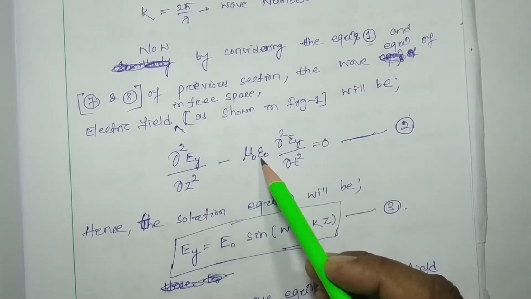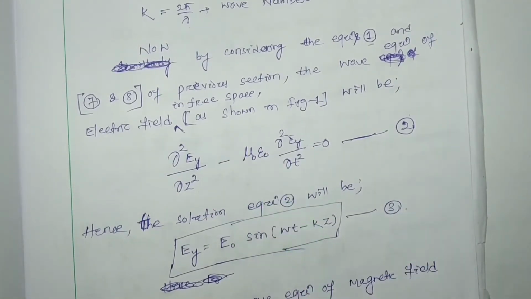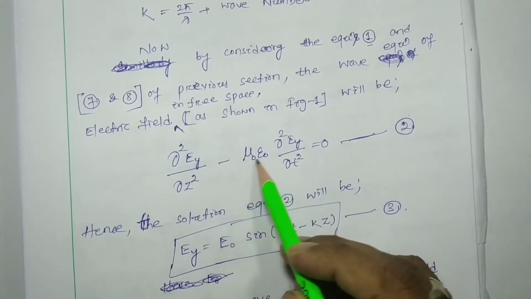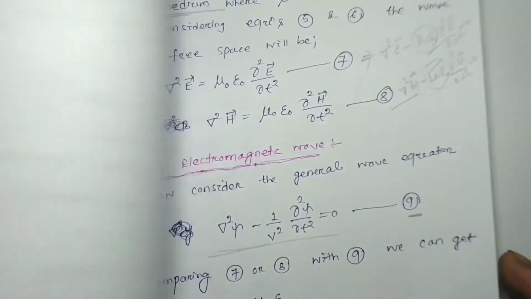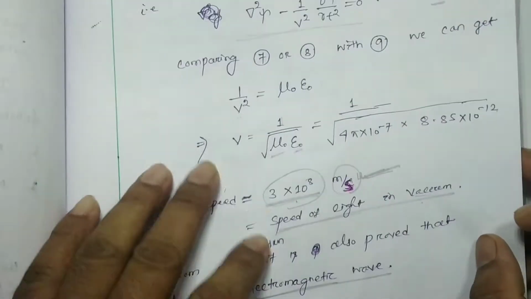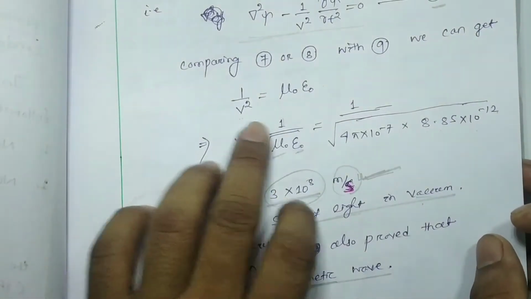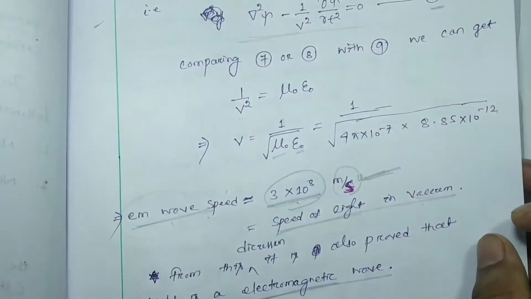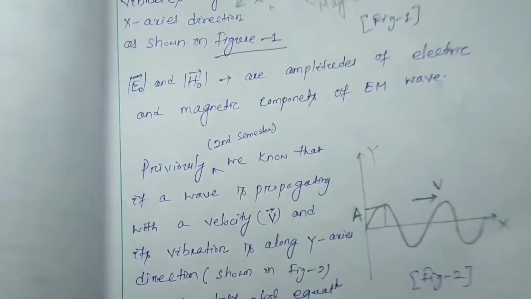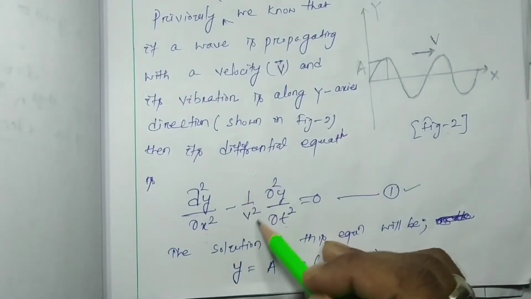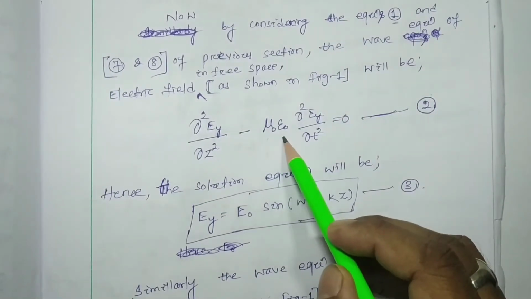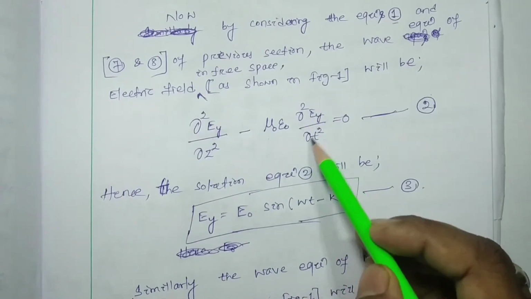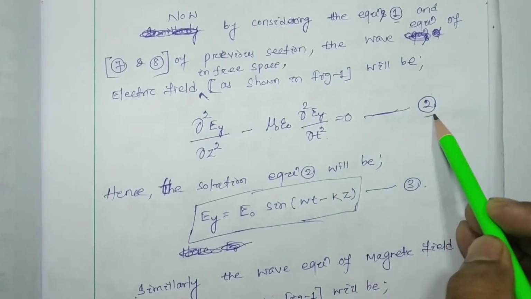Mu 0 epsilon 0 is nothing but 1 by v square, because we have studied that 1 by v square is nothing but mu 0 epsilon 0. So instead of 1 by v square we can write mu 0 epsilon 0 del square Ey by del t square equal to 0. Let this be your equation number 2.